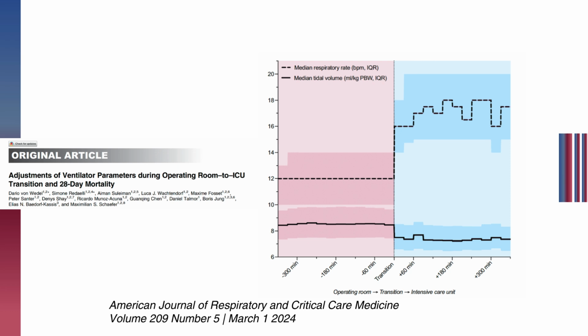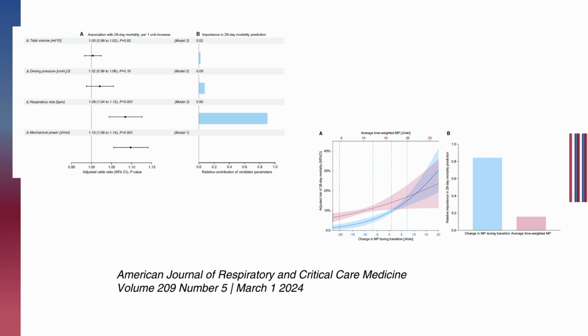So two opposing setting changes. But let's look at what happens to these patients in terms of the impact on their mechanical power. And what you can see is, obviously, when you increase the respiratory rate, you increase mechanical power quite dramatically.